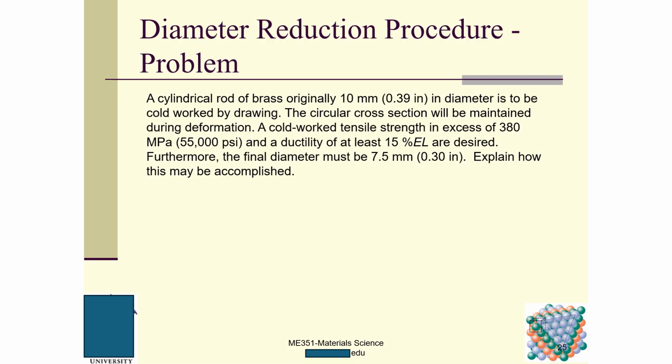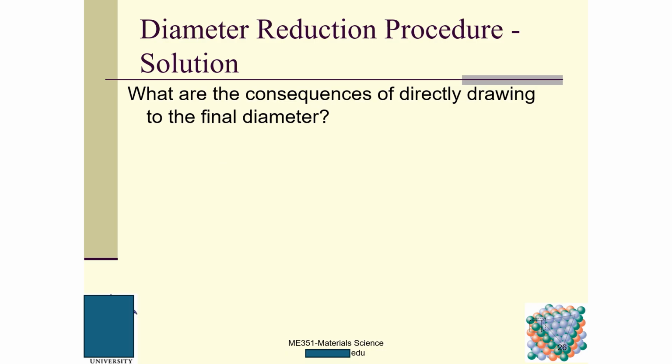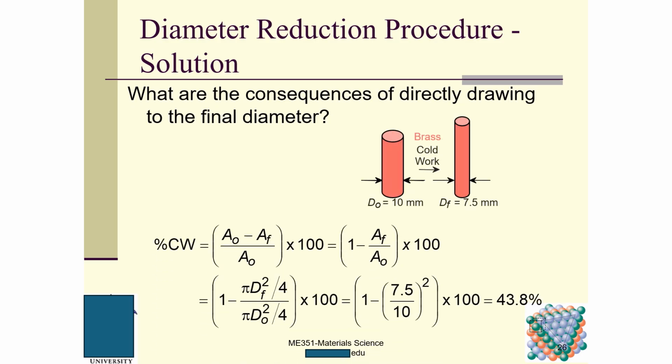So the diameter reduction procedure. This is the problem. What are the consequences of directly drawing to the final diameter? Here's an example. The percentage of cold working equals A0 minus Af divided by A0 multiplied by 100.